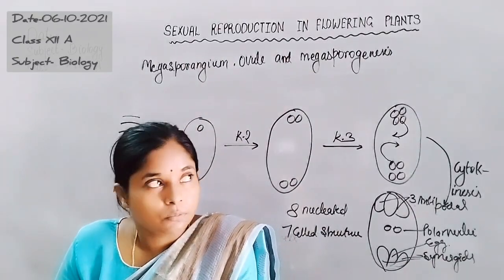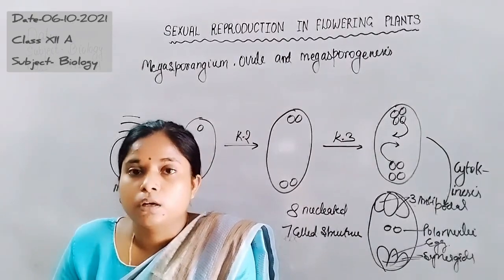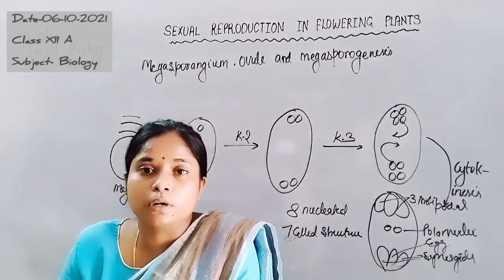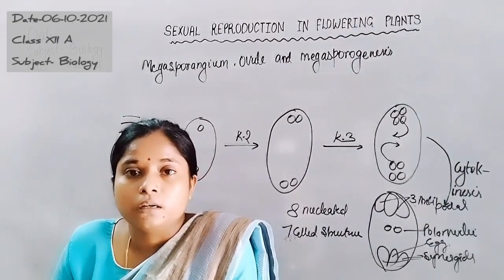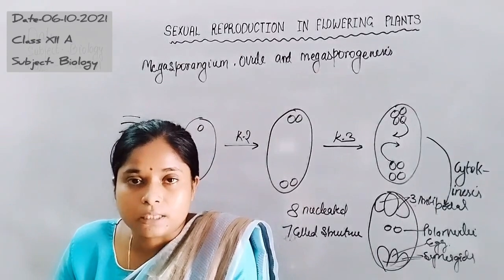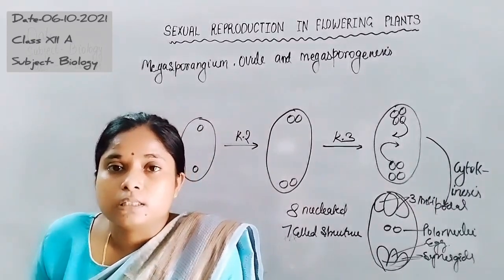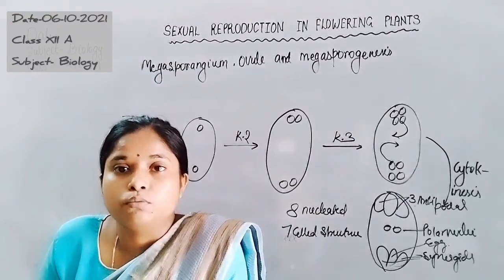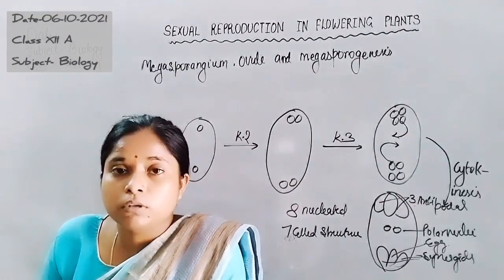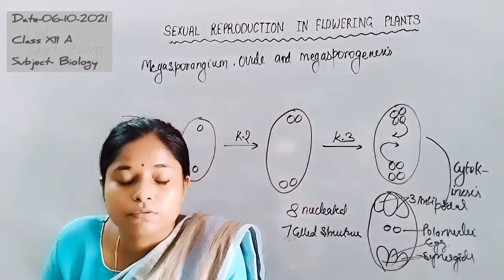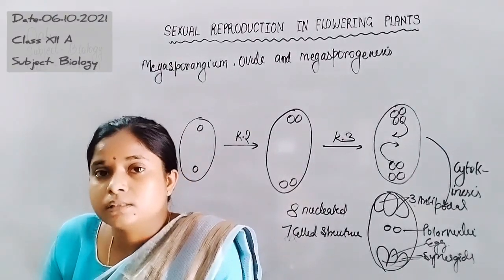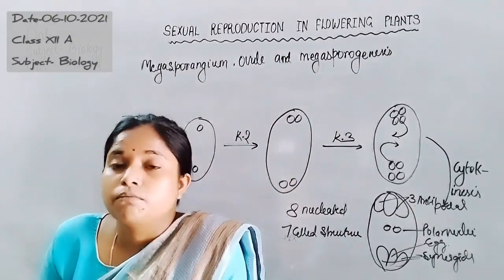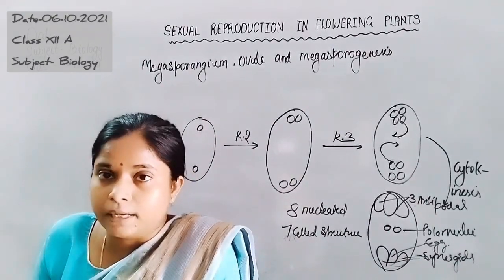From the 4-4 groups, one nucleus from each side moves towards the center, followed by cytokinesis. With cytokinesis, the cytoplasm aggregates around the nuclei and forms different types of cells: 3 antipodal cells, 2 synergid cells, 1 egg cell, and 2 polar nuclei.